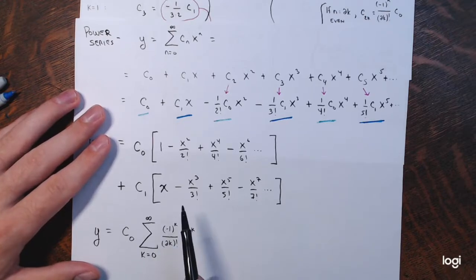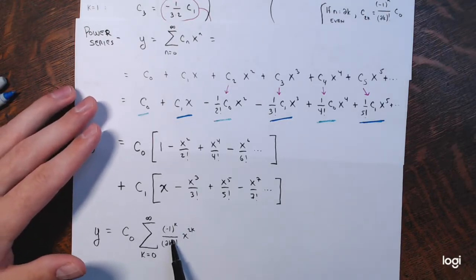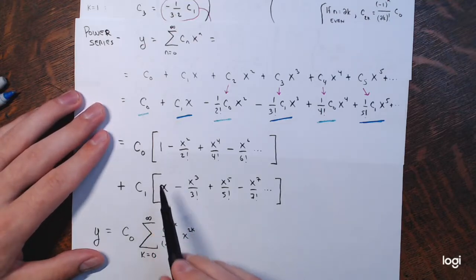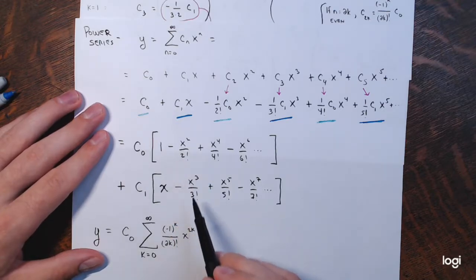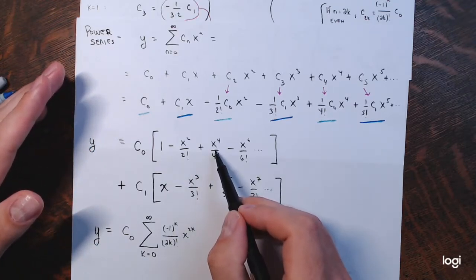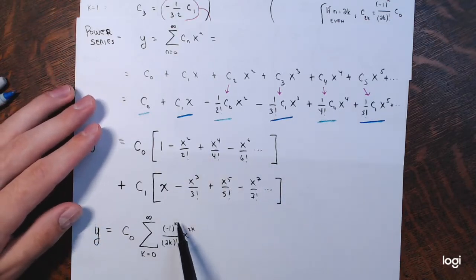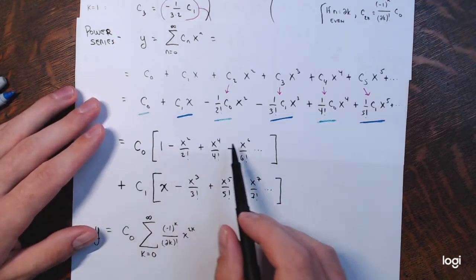And verify that when k equals 0, you'd get 1 over 0 factorial, which is 1, times x to the 0, which is 1. When k equals 1, you'd have negative 1 over 2 factorial times x squared. When k equals 2, it would be positive 1 over 4 factorial times x to the fourth, and so on. So this series perfectly represents what I have in the brackets here.